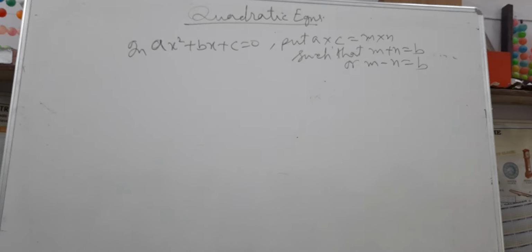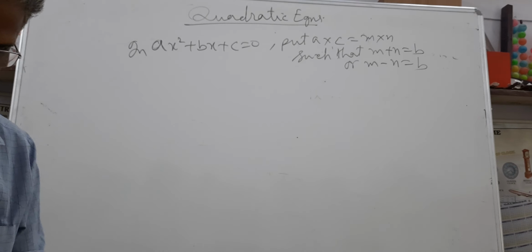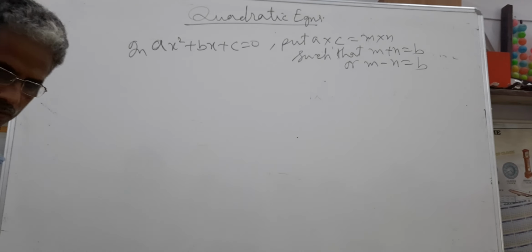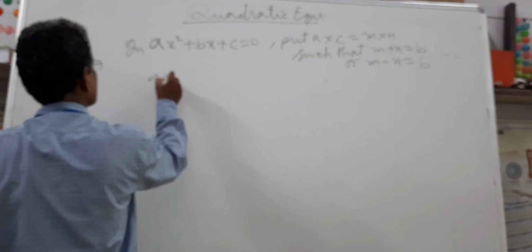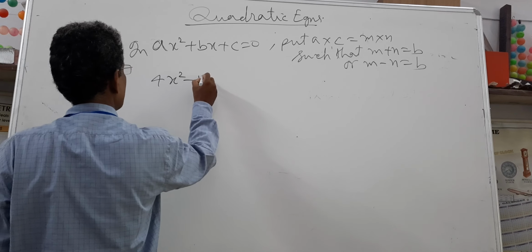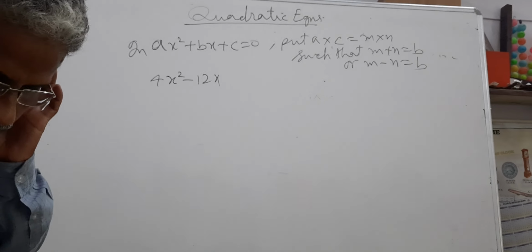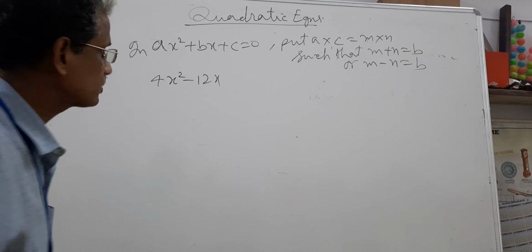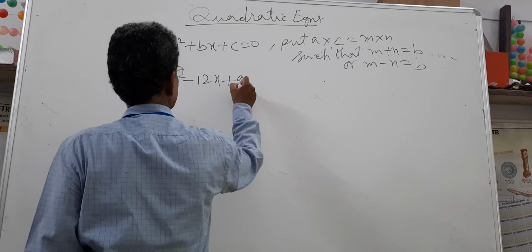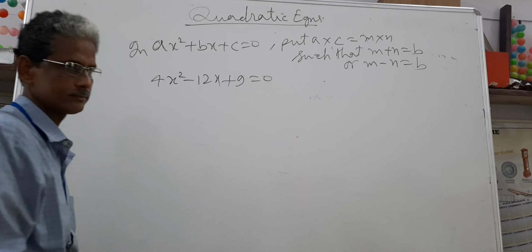For example, you have a question 4x square minus 12x plus 9 is equal to 0.